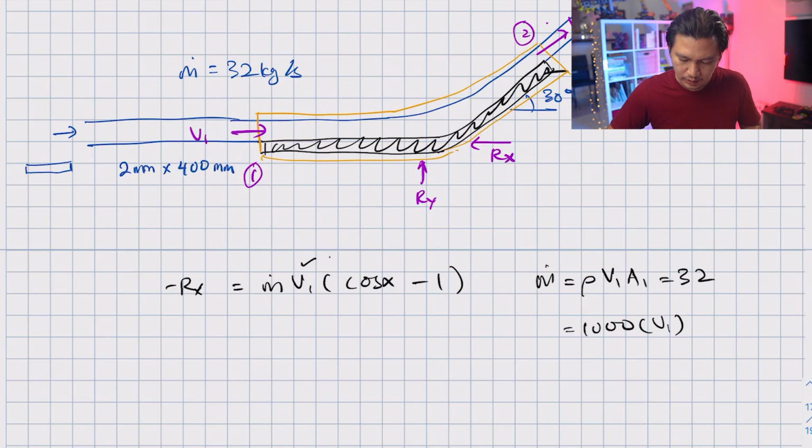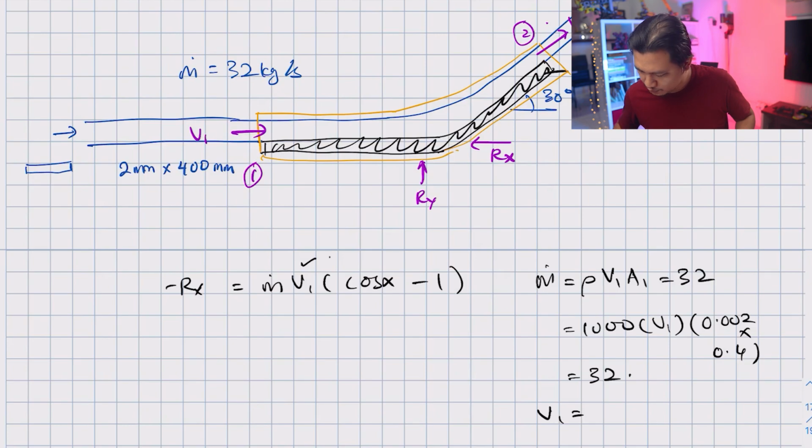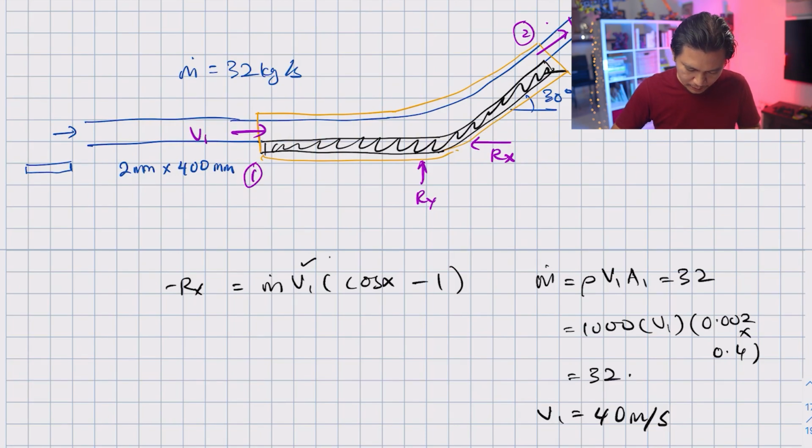The area is simply 0.002 times 0.4. Our V1 turns out to be 32 divided by 0.002 divided by 0.4 divided by 1000, which is 40 meter per second.